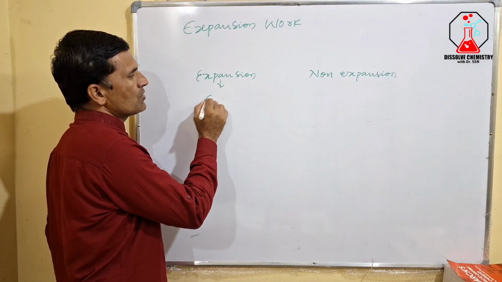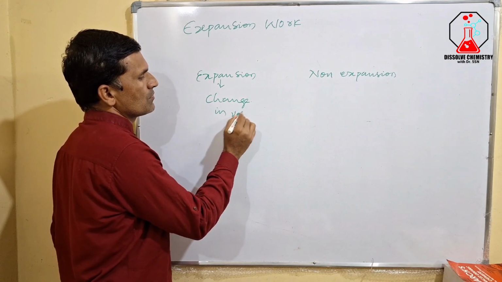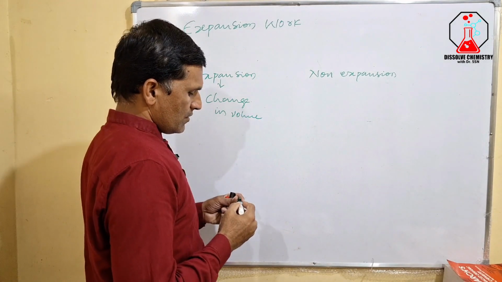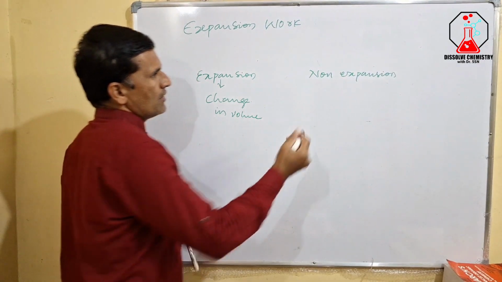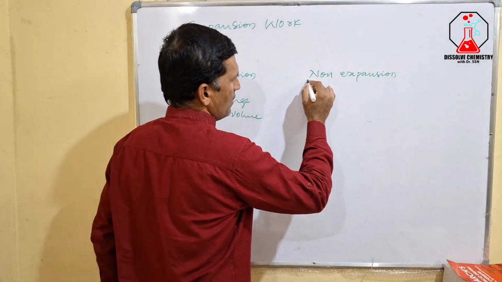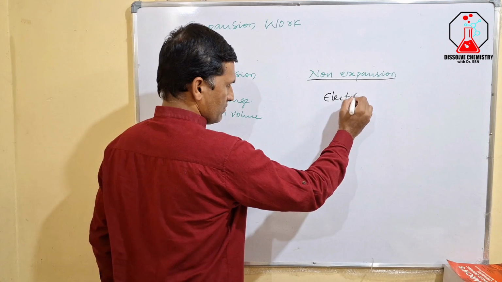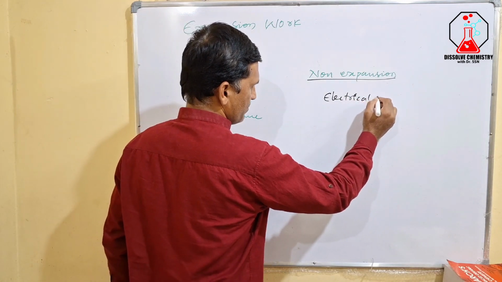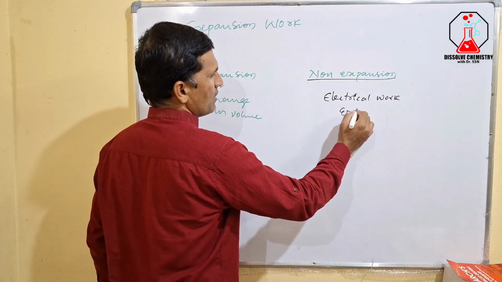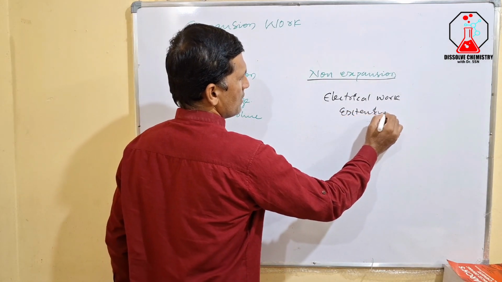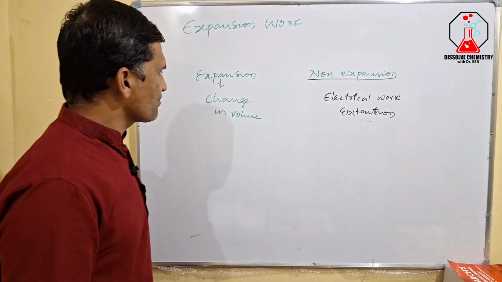The work which involves change in volume, we call it expansion work. And all other works are called non-expansion work, like electrical work, or you can take extension work, etc.